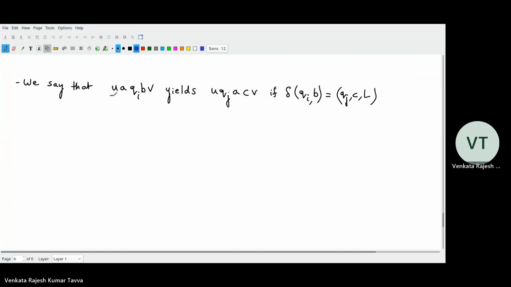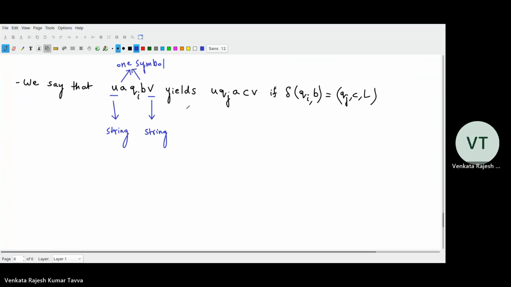So U and V are strings. U is a string, V is a string, whereas A and B are each one symbol. They are not strings. A is one symbol, B is one symbol.